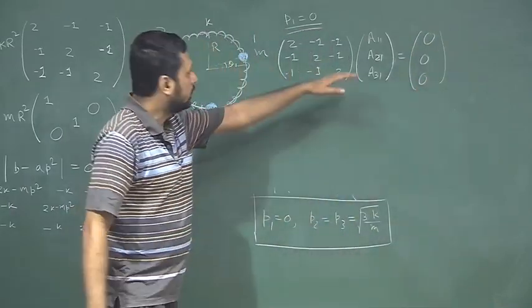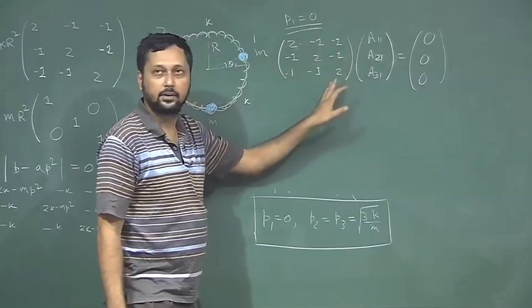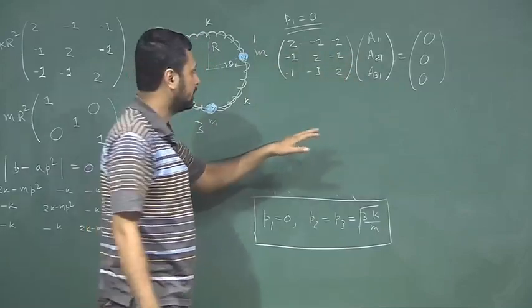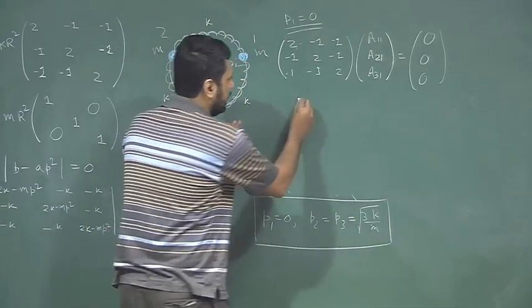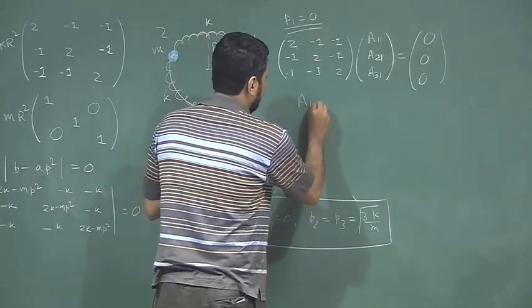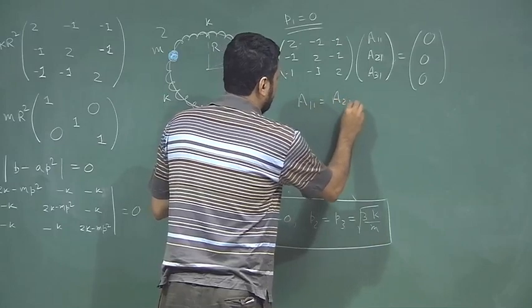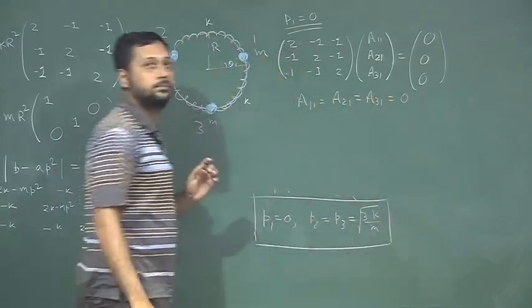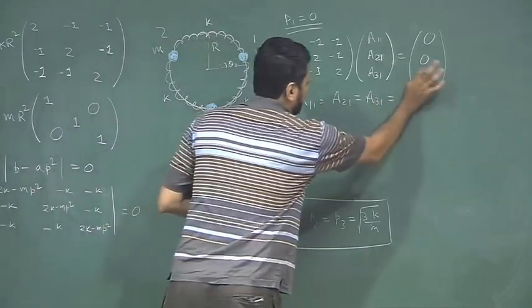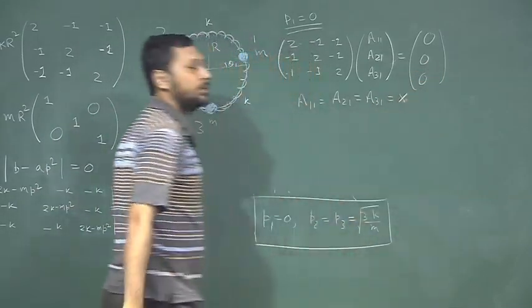And if you write out 3 equations and solve it, you do not have to even solve it really. If you look at it carefully, you will realize it gives a solution that a 1 1 equal to a 2 1 equal to a 3 1, which is equal to some x.